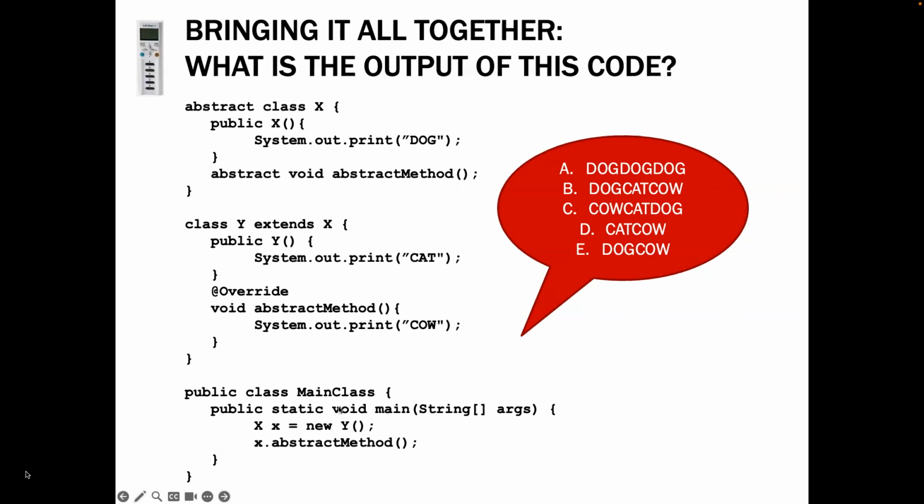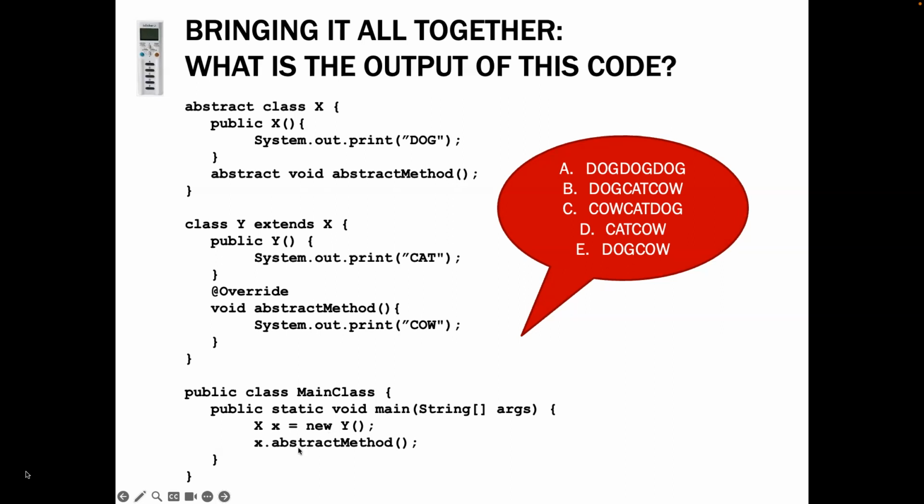All right, so then we have this main class that is going to create a variable with a declared type of X and a dynamic type of Y. And on X, we're going to call abstract method, which is totally fine because X has abstract method declared, even if it's not defined. So this code should compile. It should work great. But now what is it going to print?